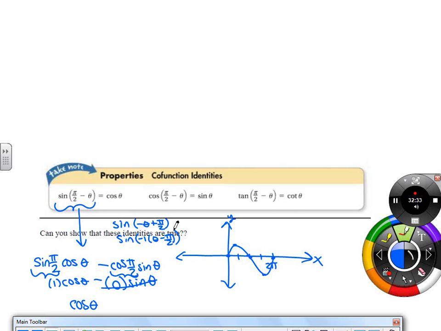So if we horizontally reflected it, it would go like this. Then if we shifted it to the right pi over 2, which is 1 mark on our graph, it would look like this. Notice then if on the same graph I went to graph the cosine function, it's a continuation of that. They are the same function.